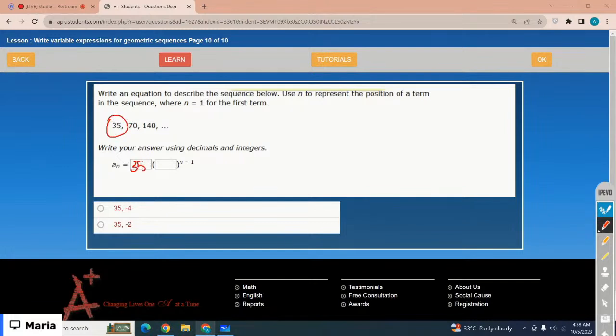And each next number is a multiple: 35 times negative 2 is negative 70, and negative 70 times negative 2 is 140. So the common ratio is negative 2, right? So the missing numbers are 35 and negative 2. The correct option is option number 2. Got it?